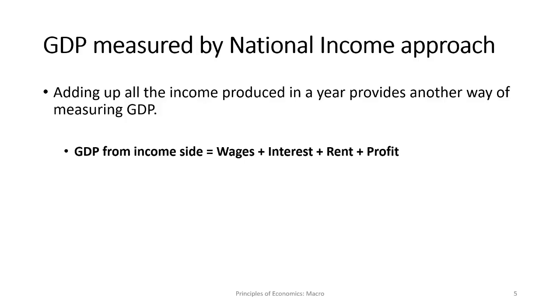And in economics, there are 4 different kinds of income: wages, earned by labor or workers; interest, that's your earning on capital; rent, that's earning on land and structures; and finally profit. These are residual incomes.